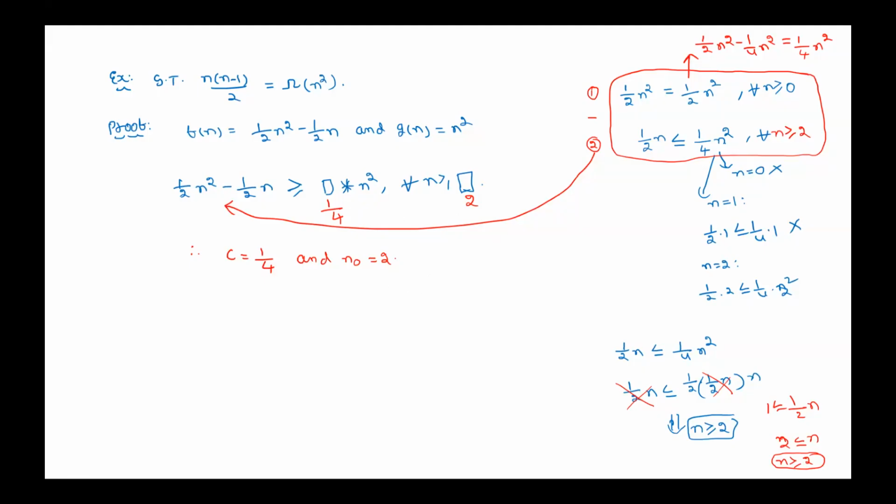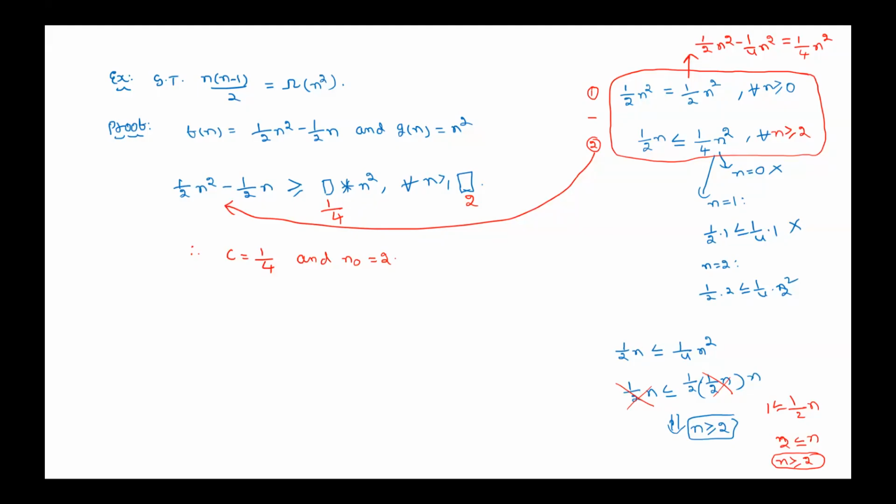You practice more examples, but even without knowing the formal definitions of asymptotic notations, we can actually solve any problem related to these asymptotic notations, because in competitive exams they don't ask for proof. But in regular examinations, to understand it better, we should know the formal definitions of asymptotic notations.